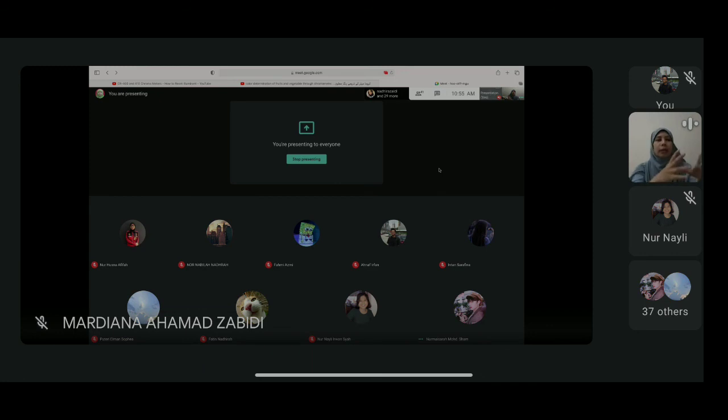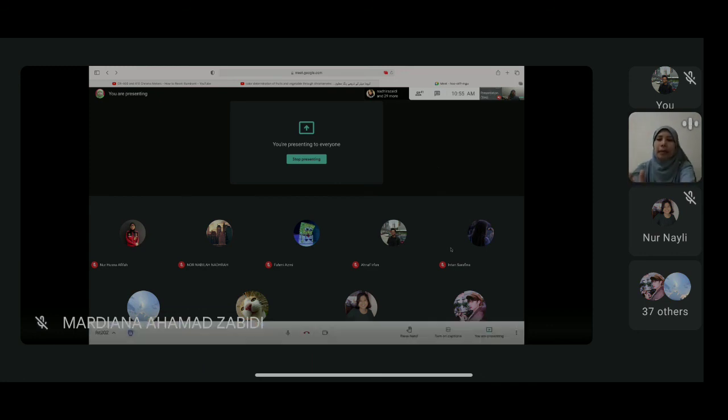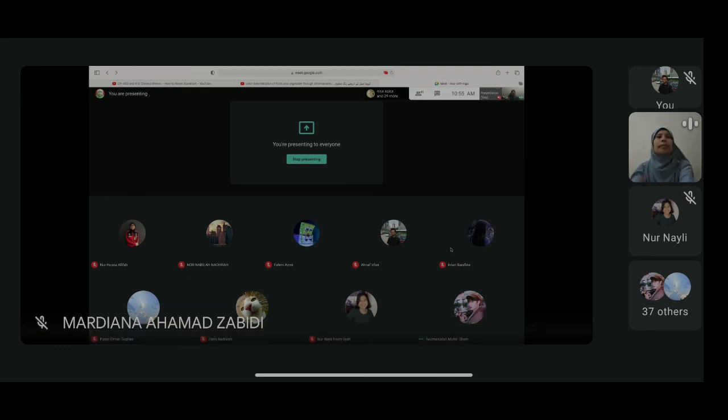So they need to have exact values for each color of the paint that they are producing. So the same thing goes for food product as well. Cumanya food product ni kita ada macam a bit limitation is whereby some of the food product they don't have an even shape. So that's why you need to have that range of acceptable values and not acceptable values.